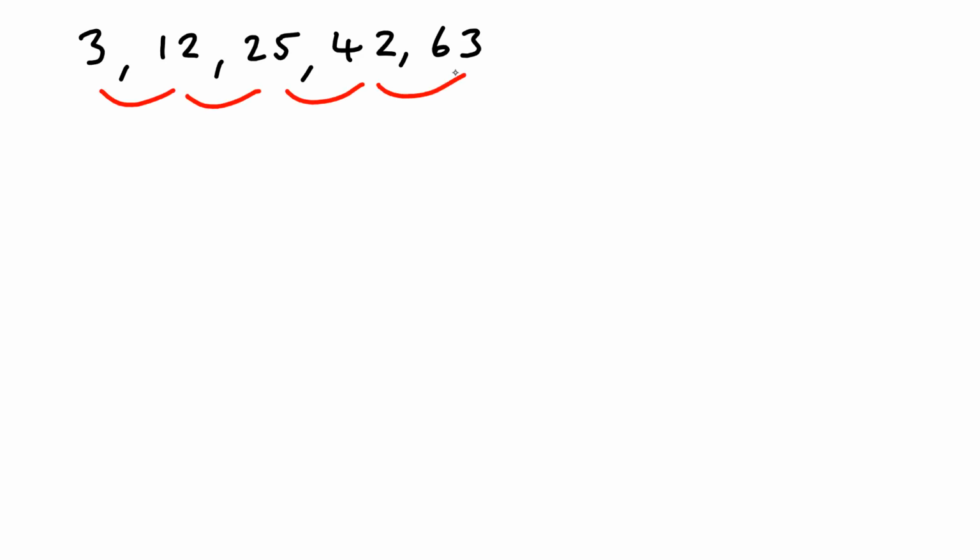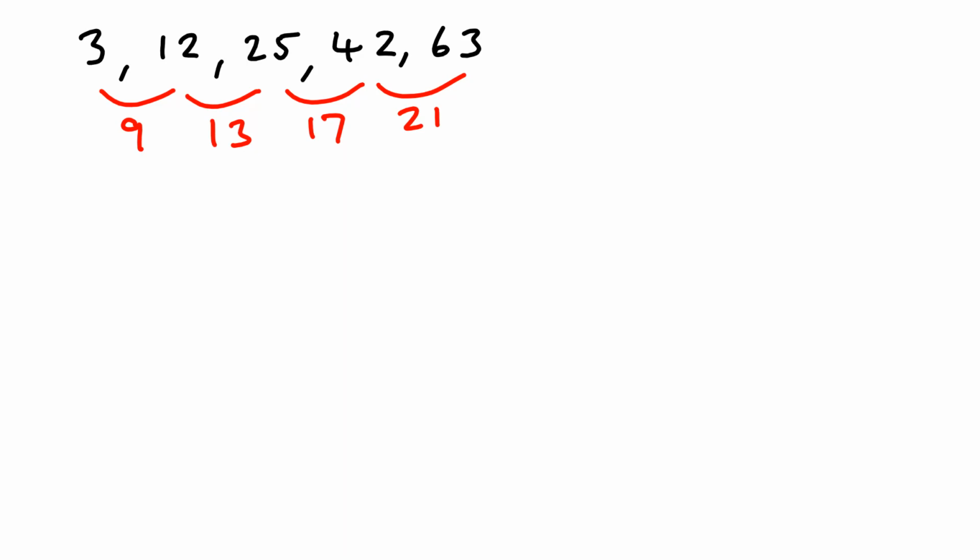So let's look at one more example. This time we'll start with 3, 12, 25, 42 and 63. We work out the first differences, and we're going to get 9, 13, 17 and 21.